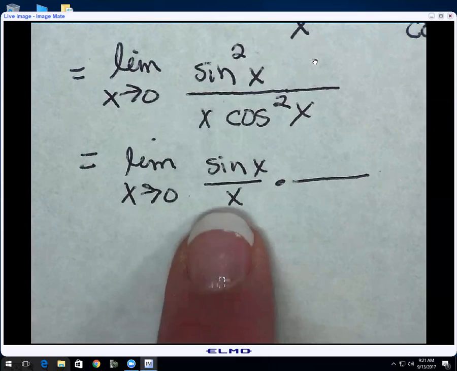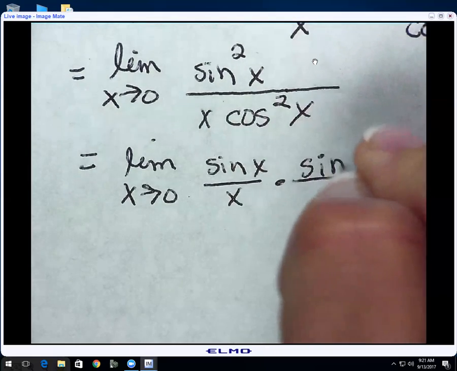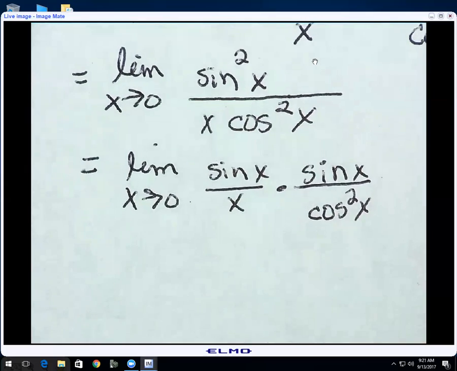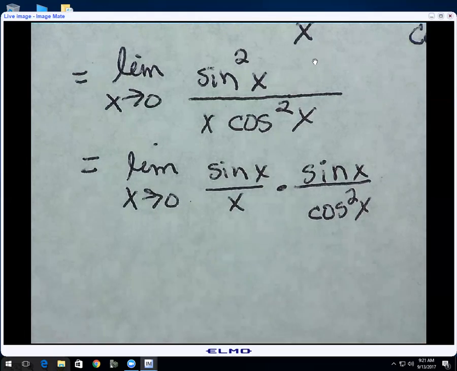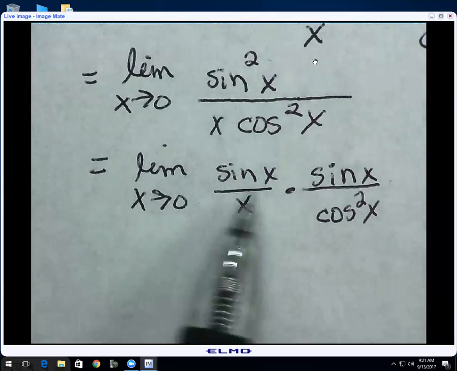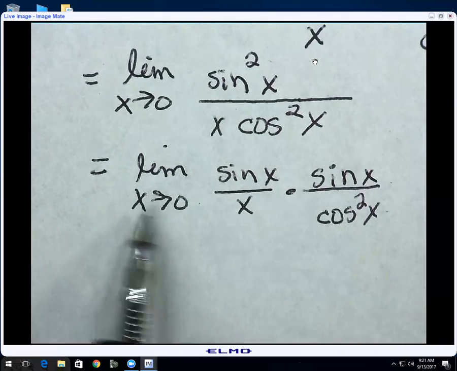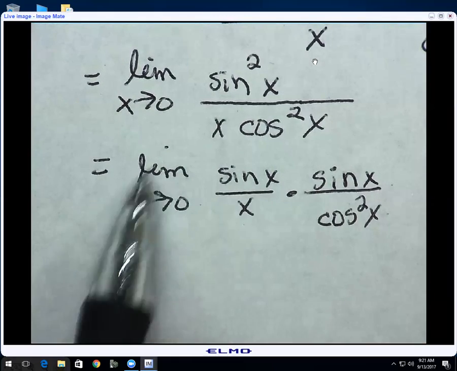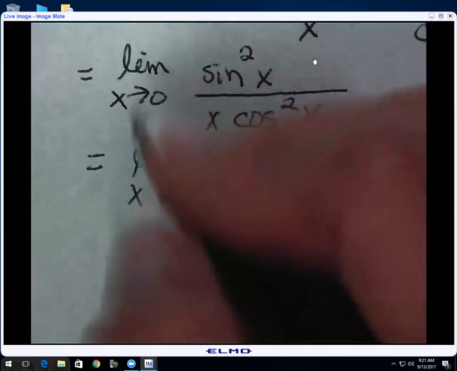If I get what I want, then what's left is the other sine x over the cosine squared x. When I have the limit of a product of two functions, I can just take the limit of each factor. So I can already evaluate the limit as x approaches 0 of sine x over x. That's just 1.